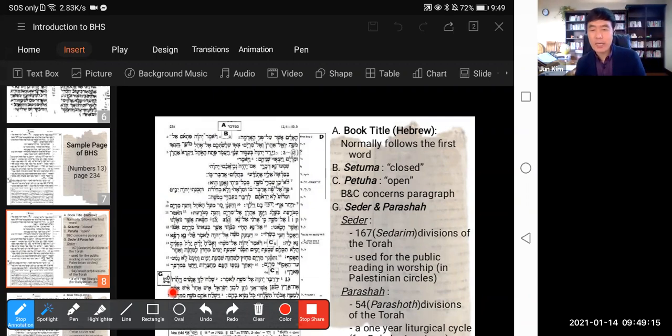Seder and Parasha have the same function in making divisions of the whole, but Seder makes 167 divisions and Parasha makes 54 divisions of the Torah. That is the only difference. It has something to do with a one-year liturgical cycle. Okay, everything is very clear. Let me move on.